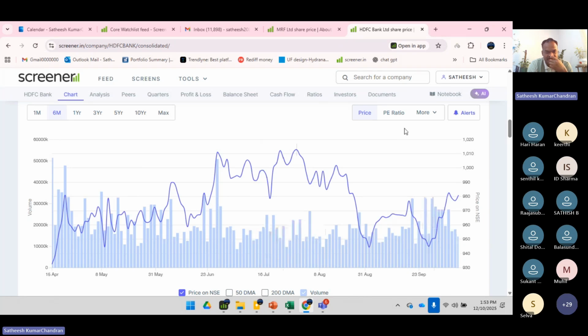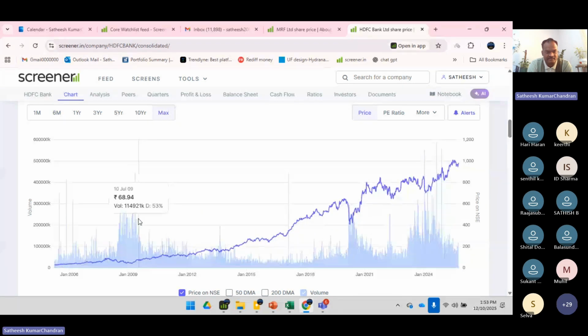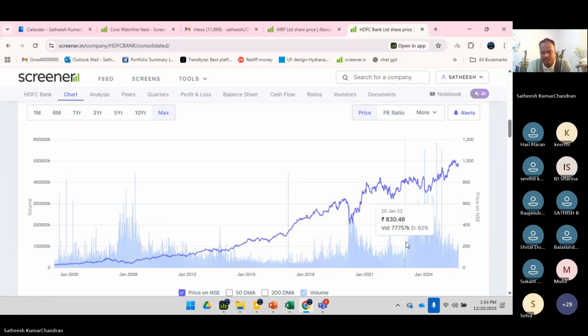When we are checking a stock, we have to always check the volume. For example, the maximum volume, if we see in 2009, is very high. And in 2024, in some places, it is very high. Whereas between 2020 and almost 2023, for 1 year, there is no volume at all.